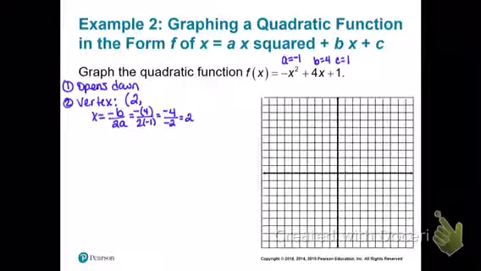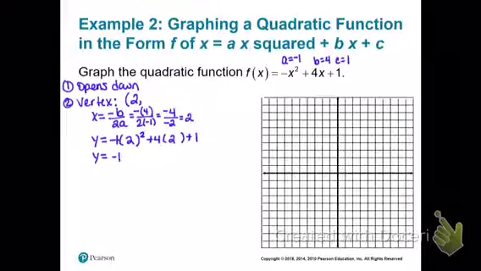How do we find that y value of it? Plug that 2 back into the equation. So I'm going to do a skeleton. So it's negative x squared plus 4x plus 1. And what are we going to plug in? 2. So remember, this is a negative 1 times the 2 squared there, right?